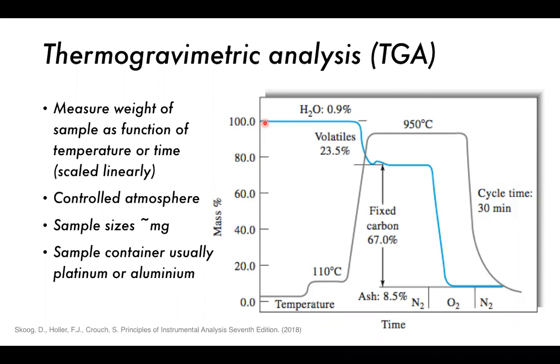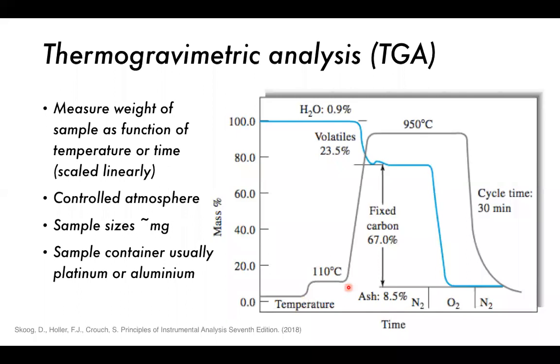So at 100% mass, you're heating it up, and you get to around 110 degrees Celsius. It starts at room temperature and goes up to 110 degrees Celsius. At 110 degrees Celsius, you pause for some time. During this time, some water is lost, about 0.9% of the total mass of the sample. So we can say that water was about 0.9% because that happens around 100 degrees Celsius.